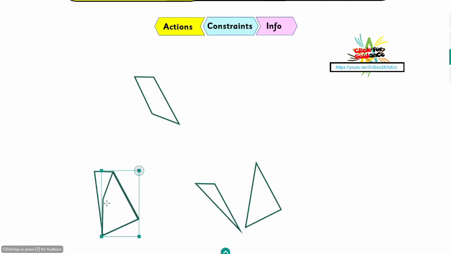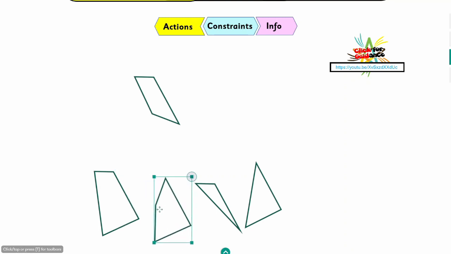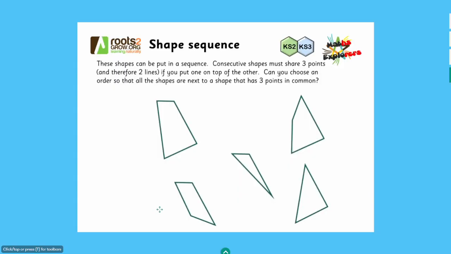Now another rule that I didn't write down was that we want to alternate between quadrilaterals and triangles. So we want our sequence to alternate between quadrilaterals and triangles. That's the idea of it. On your sheet we can just number them, decide which ones we think go first and try it out.